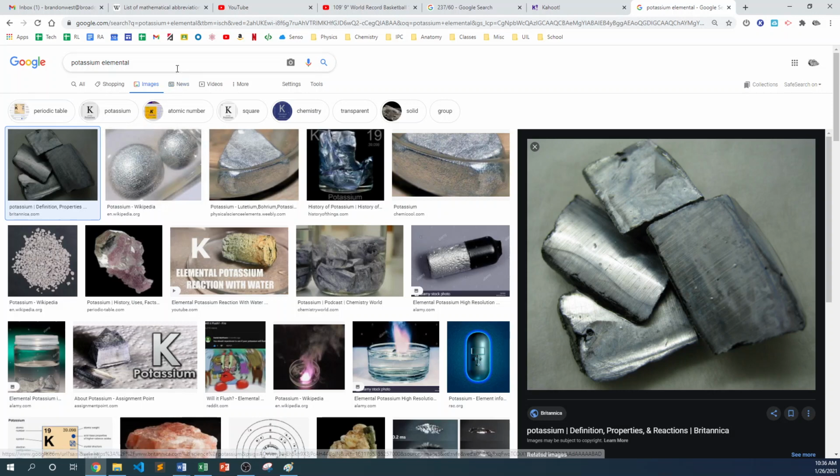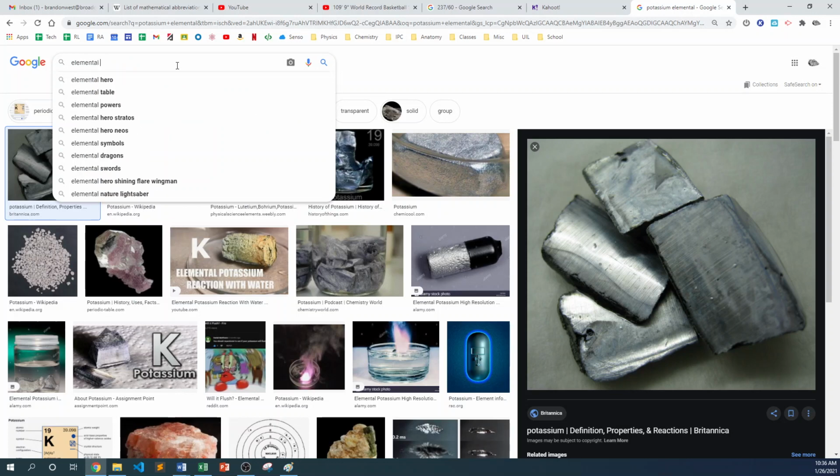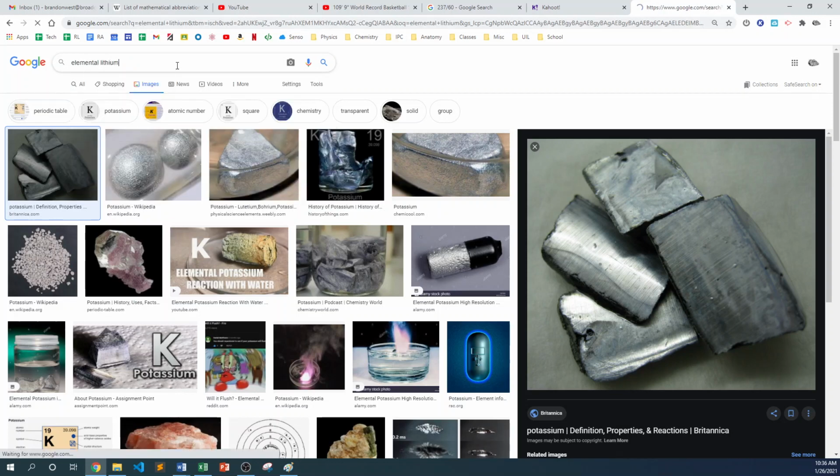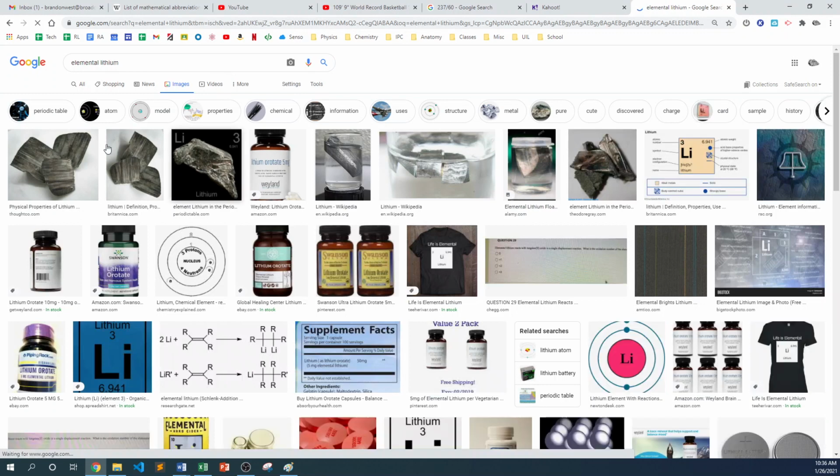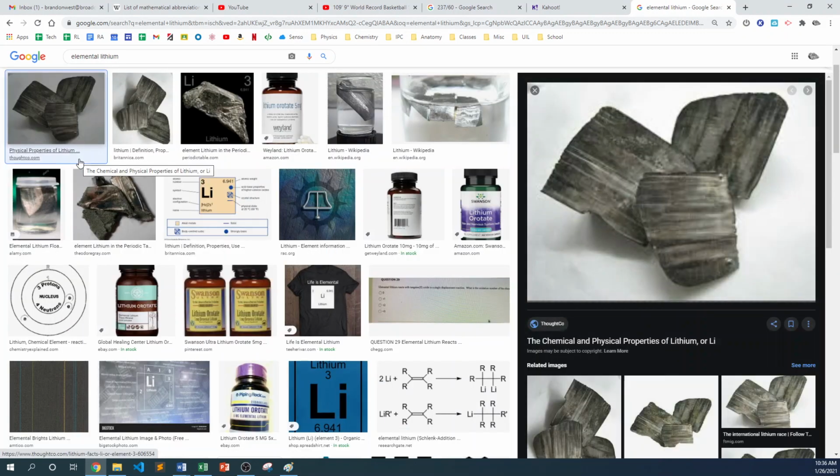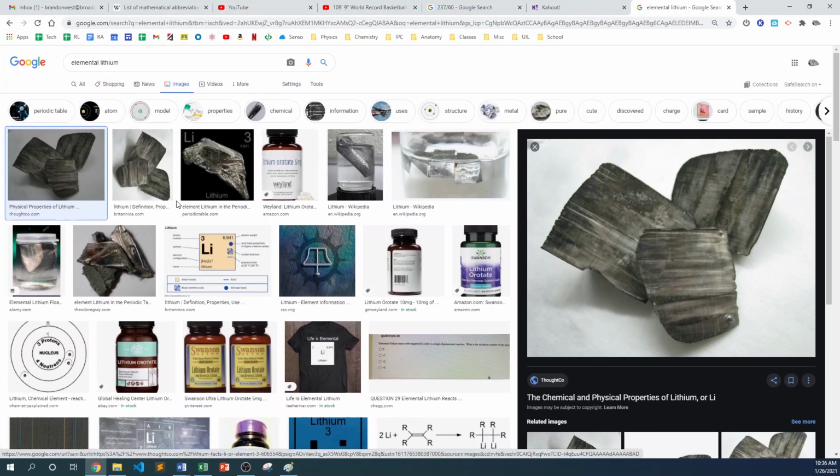Let's look up elemental lithium. It's a soft metal. You can probably cut it with a knife. Reacts quickly with air and dulls.